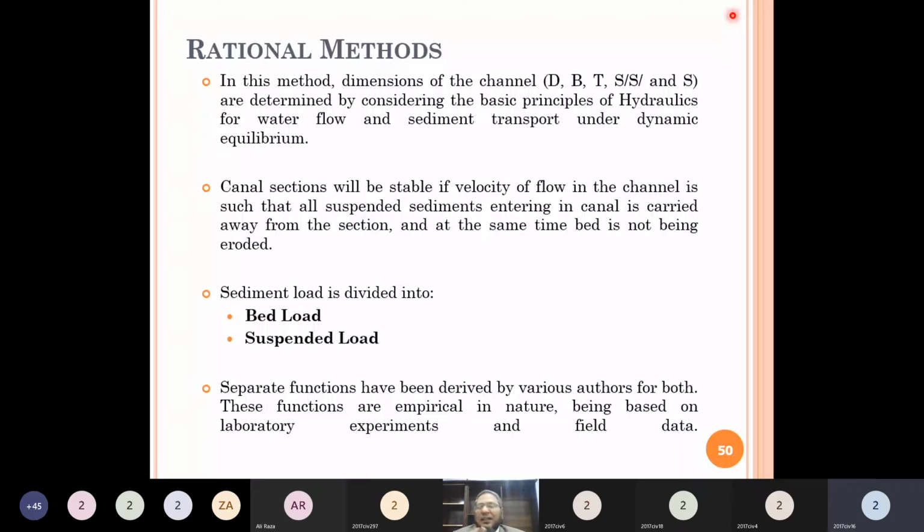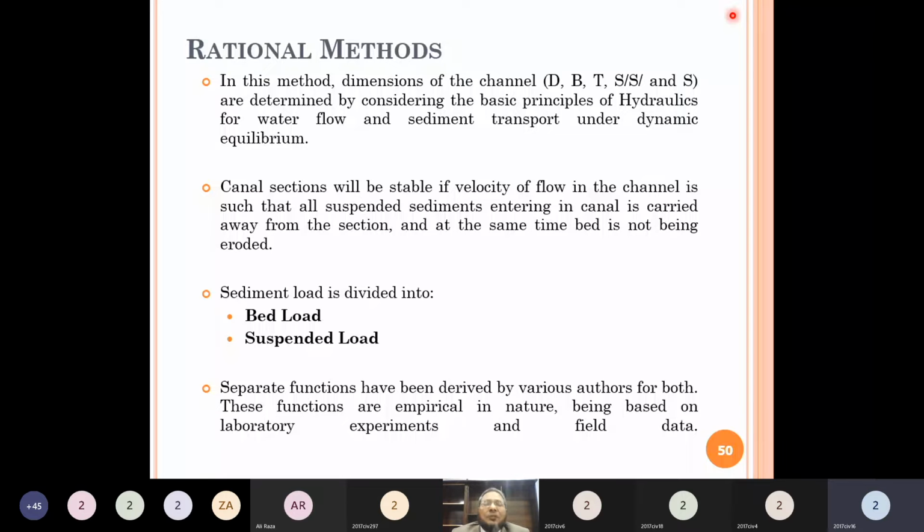And number 5 longitudinal slope of the channel. And number 6 free board. ये 6 चीजें हमने डिजाइन करनी है. हाँ जी, is it clear जी?